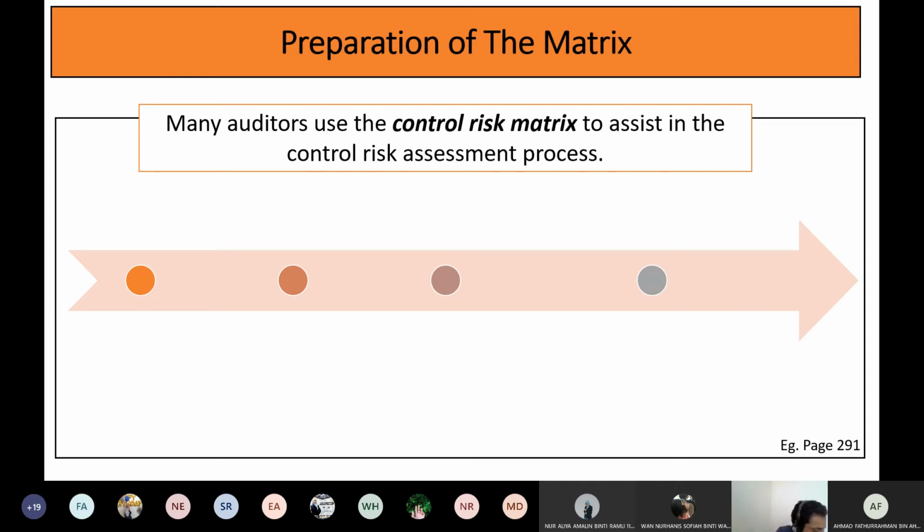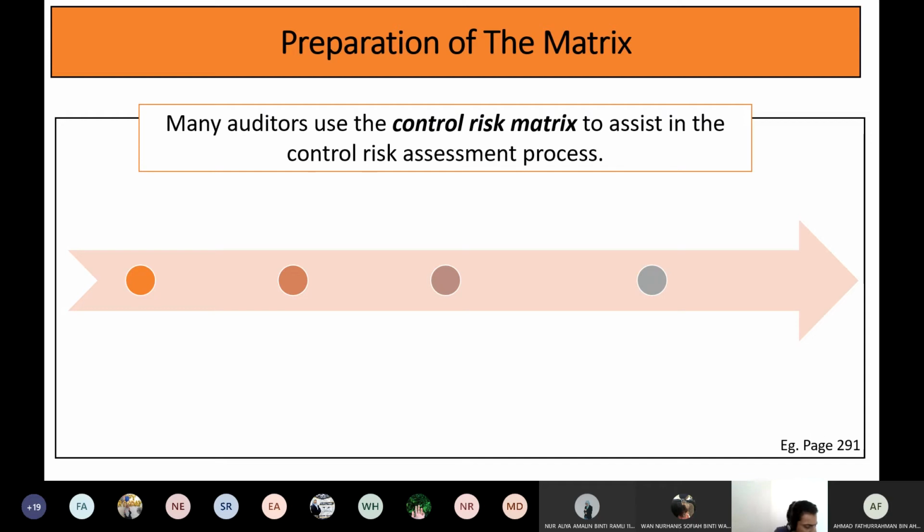Another control is C7. C7 is that unit selling prices are obtained from the price list master file of approved prices. It means accuracy of recording price is based on the approved list, not based on the assumption or the mood of the salesman.